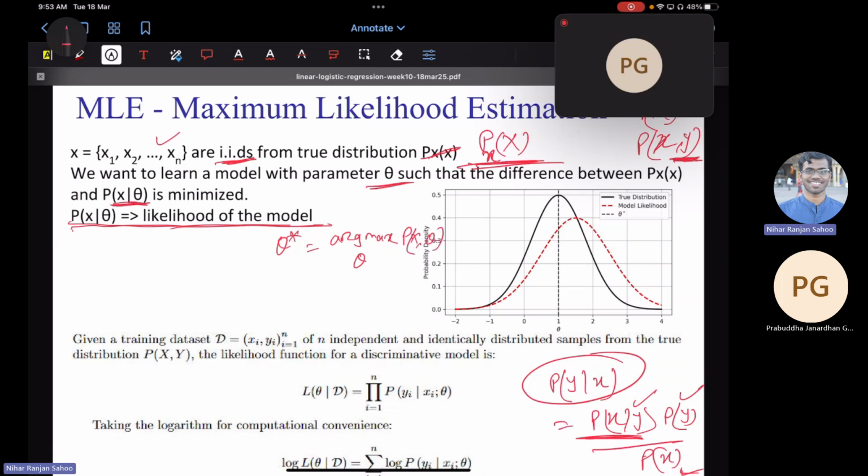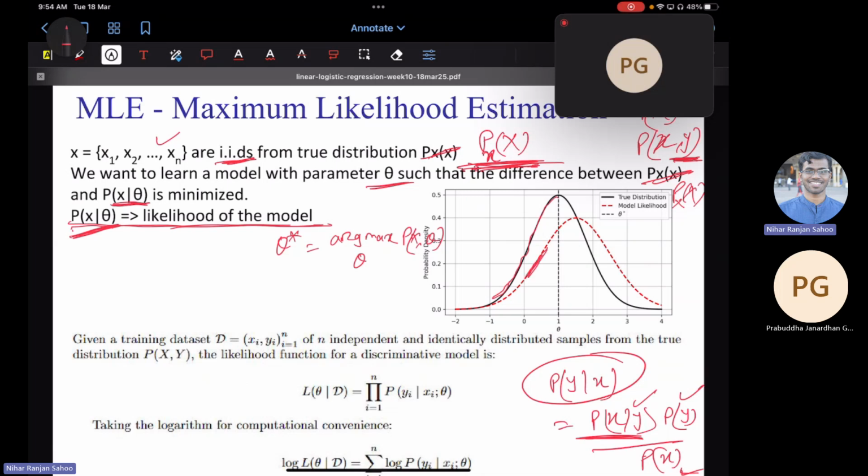So we are given some true distribution of x, and we are estimating this x based on theta. This is the actual distribution of the data, presented through this black color PDF, and this is the red color PDF, the predicted distribution.